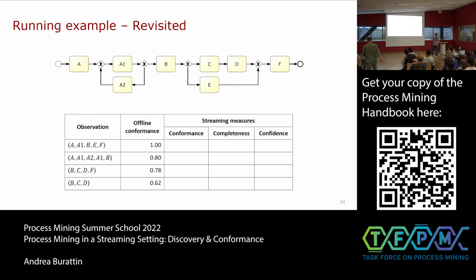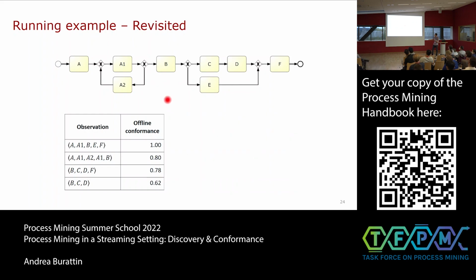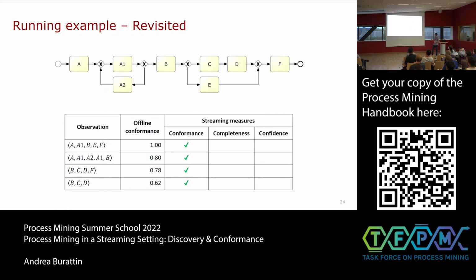When you think about these conformance measures or dimensions, and look at the offline conformance of the traces we discussed earlier, you see that from a streaming point of view, none of them have any problem in terms of conformance. They all describe behavior which is allowed by the model.